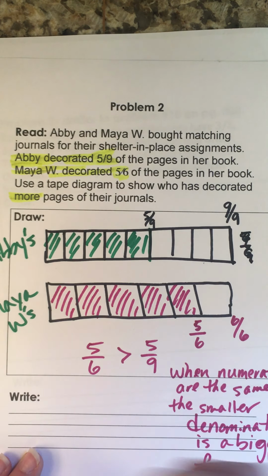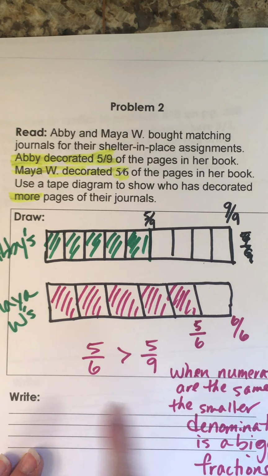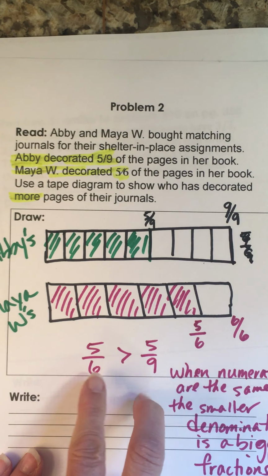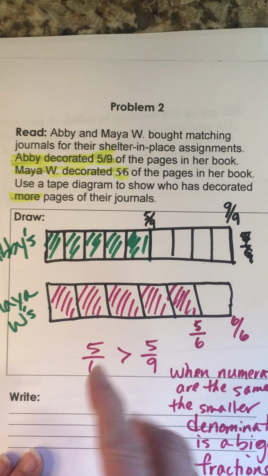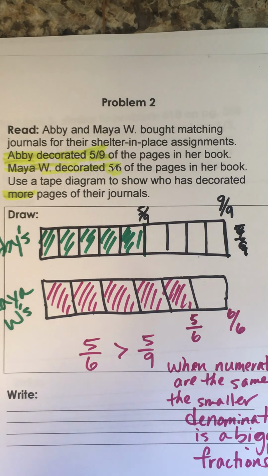That's because it has fewer pieces. It's kind of like if you had the same candy bar and you had to break it into 9 pieces to share versus 6 pieces to share, your 6 pieces are going to be bigger. So 5/6 of that candy bar is much bigger than 5/9 of the smaller pieces.